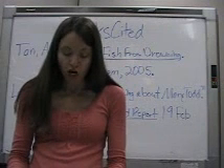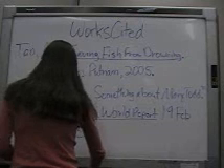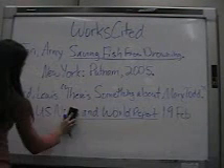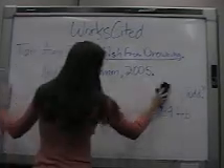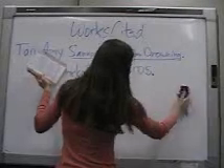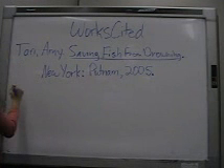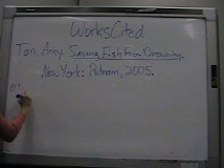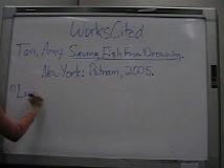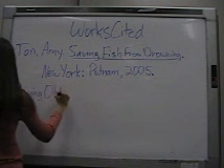So if we know the author's name, then we give the author. If we do not know the author's name, then we begin with the website title. We go even with our margin because it's the beginning of the citation, and we write the title of the website article.